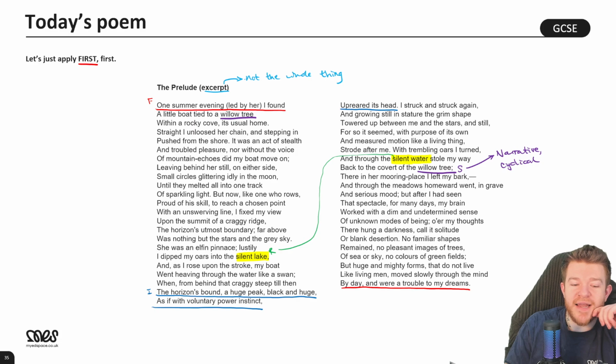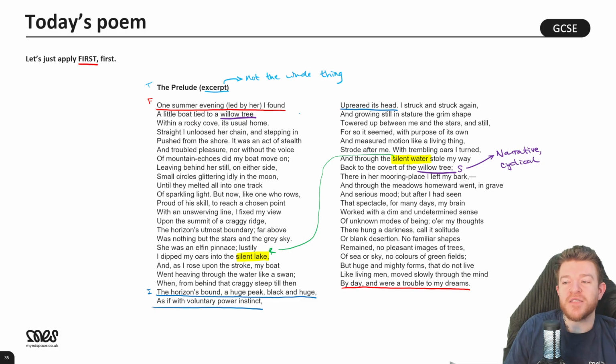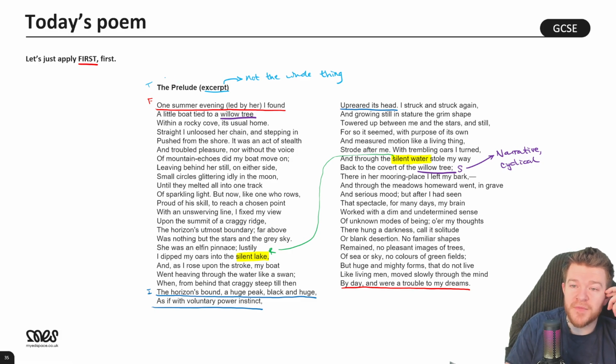The reason I start my annotating with the title, even though it's the last thing I label with T, is that it is the first thing we experience as readers of the poem. The best way to identify what a poem is doing is to think of it like a first reader to the poem. So what is the effect it has on its audience? And the first effect is created by the title, because it's the first thing you see.